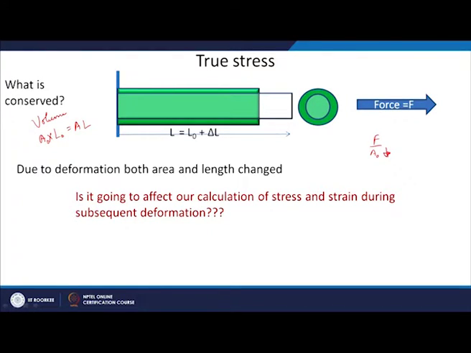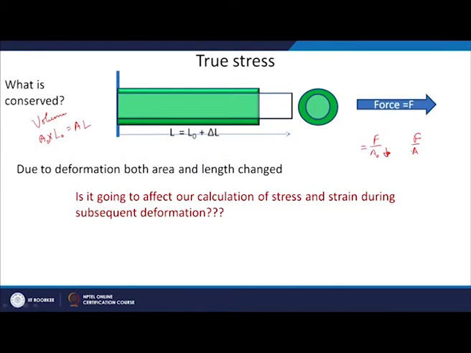So, my cross sectional area has come down. So, the stress which we are calculating from the engineering stress relationship is not correct. That is not the stress which the material is experiencing. The material is experiencing the stress which is given by force divided by the instantaneous area, let us say I call it as A_i.